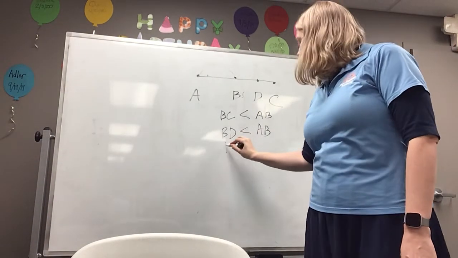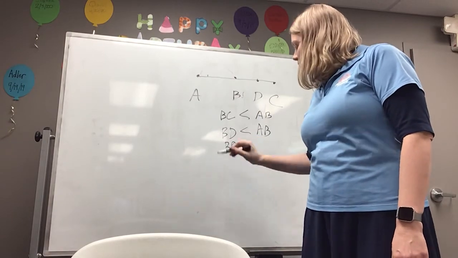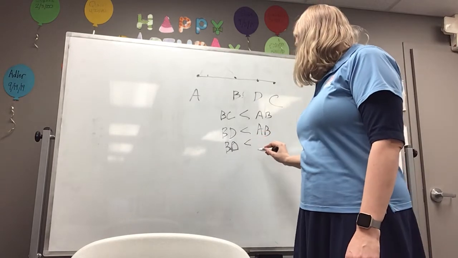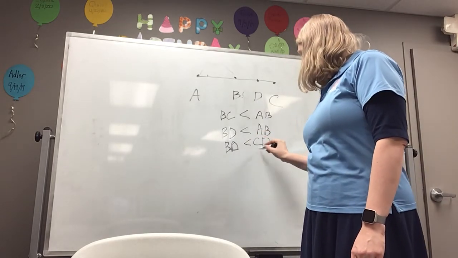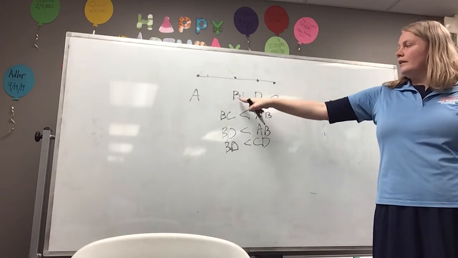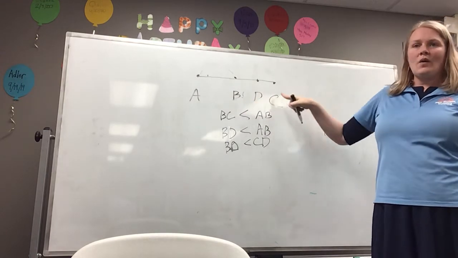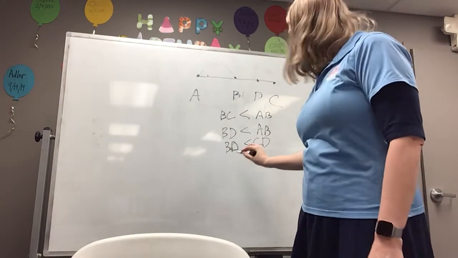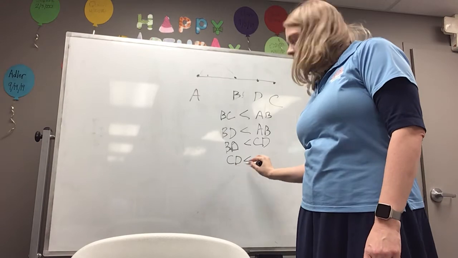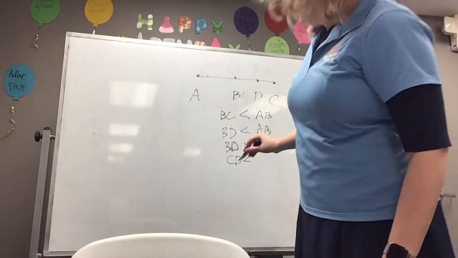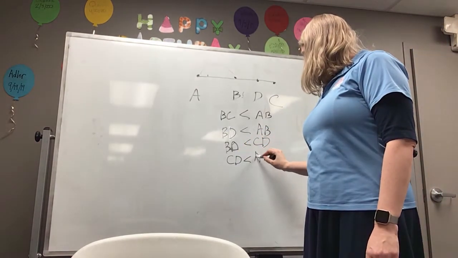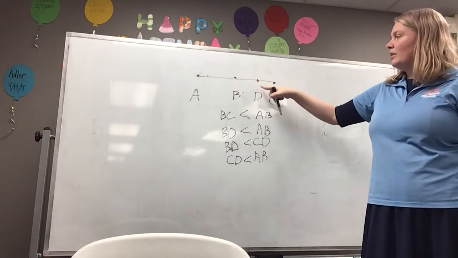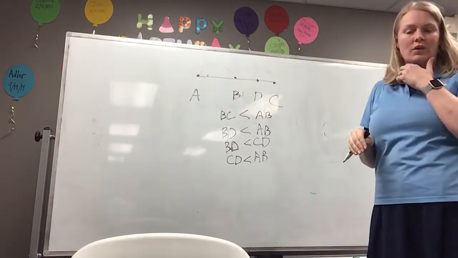BD is smaller than CD. Again, D is squishy. It can go anywhere it wants. CD is smaller than AB. Nope. Again, AB could be here and CD could be shoved over in the corner.